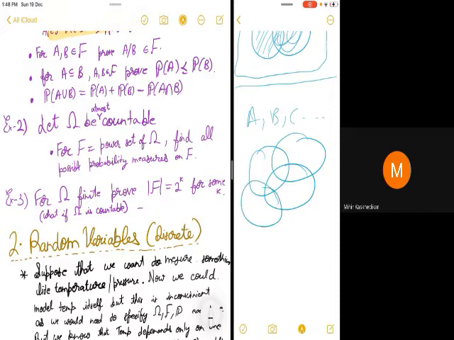So, for example, these are the four sets, and then we can take intersections to get all of these small regions to belong to F. So, is this idea intuitively clear?